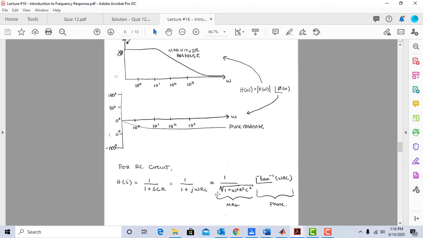But remember, we're not using the Pythagorean theorem. For the Pythagorean theorem, we're just trying to get the magnitude of the hypotenuse. Think of this as a real value. This is a complex value.